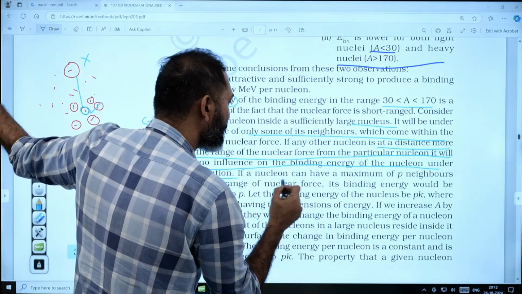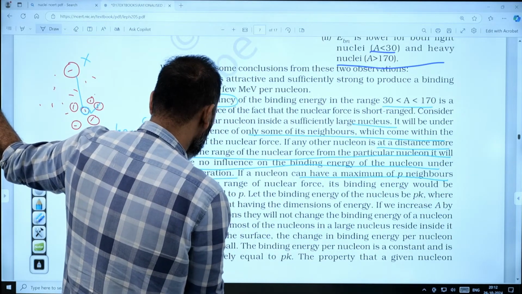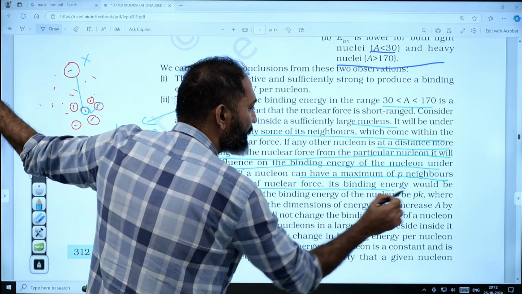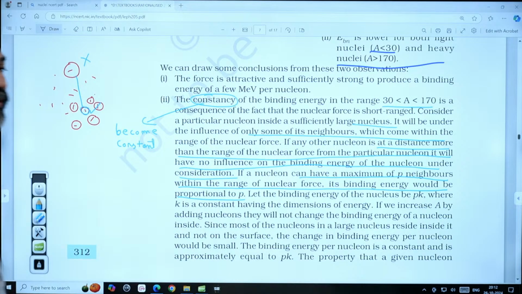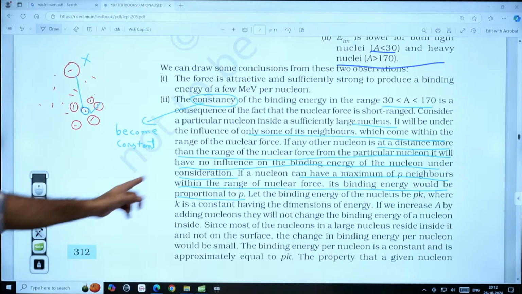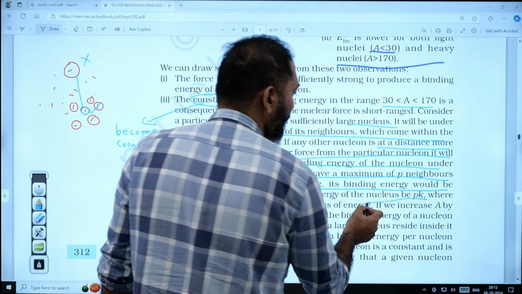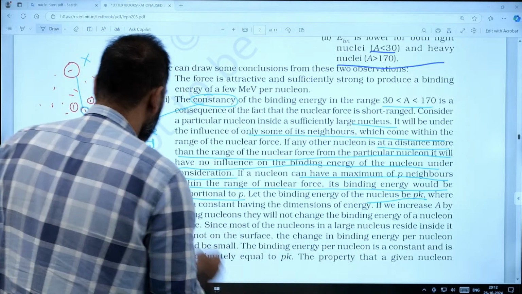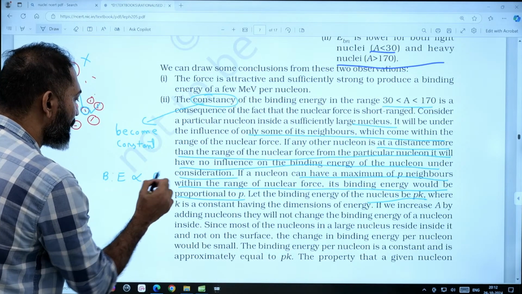If a nucleon has a maximum of p neighbors within the range of nuclear force, its binding energy would be proportional to p. Binding energy is proportional to p. p is what?